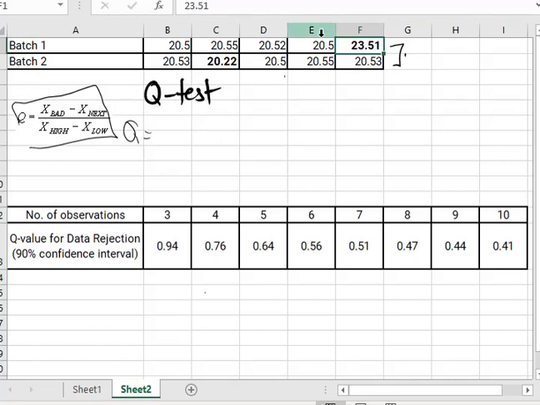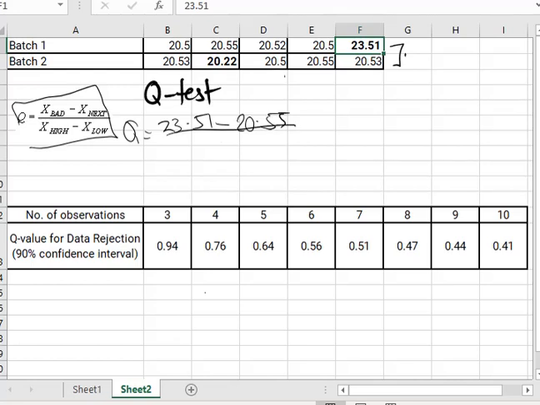So in our case, this is 23.51, minus X next, which is the measurement closest to the questionable value. So, ang pinakadool sa 23.51, which is 20.55, diba?